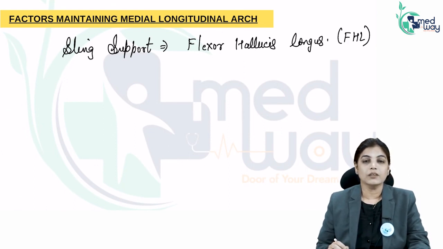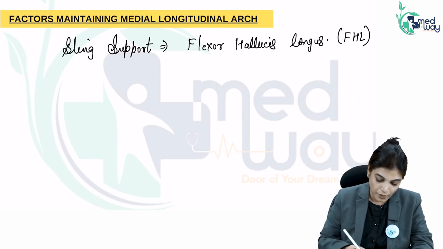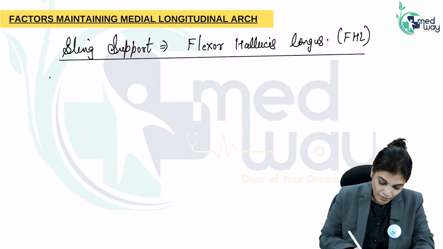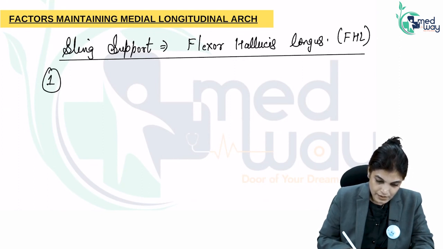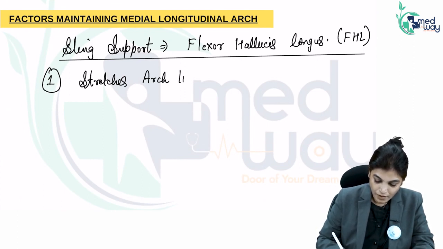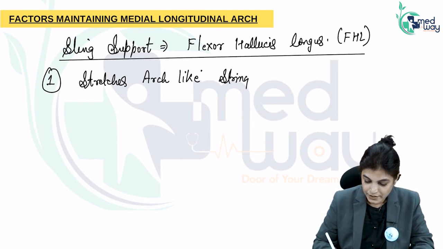So I would like to write all these three functions of flexor hallucis longus tendon. Please write down. The first support which it gives is that it stretches the arch like the string of a bow.